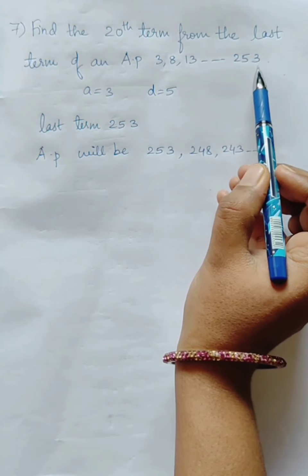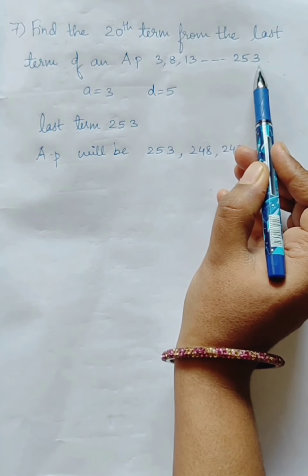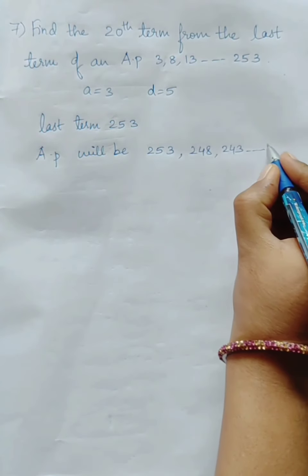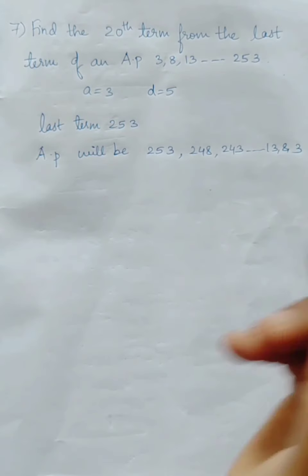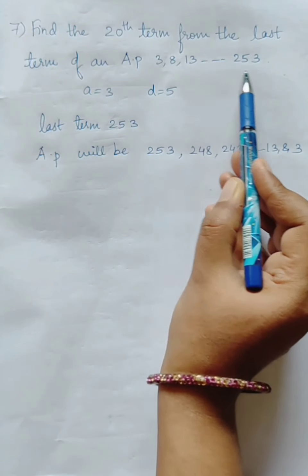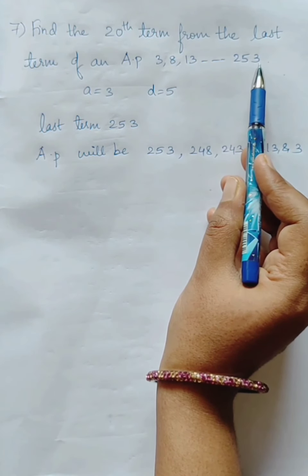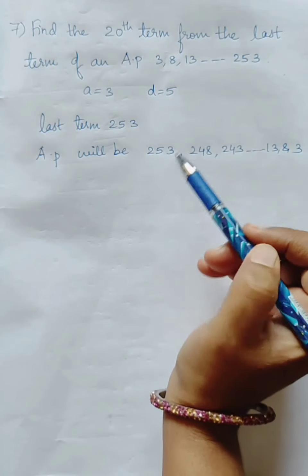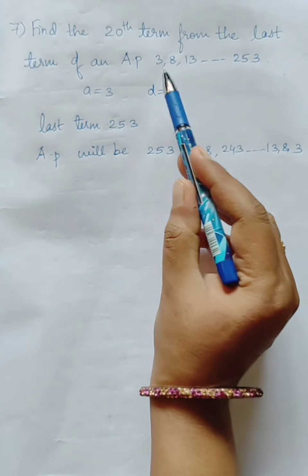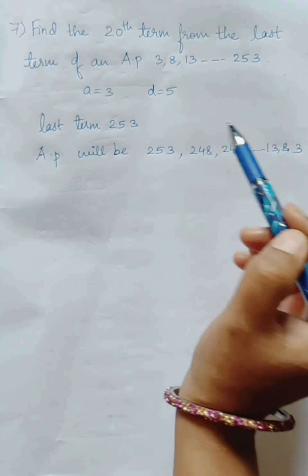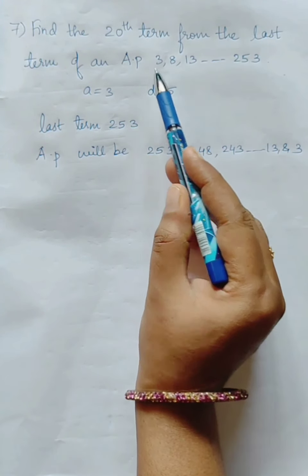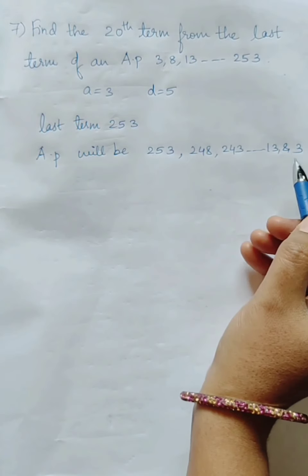I am forming the AP from the last term, so the final terms will be 13, 8, 3, because the original AP starts 3, 8, 13 and so on up to 253. Since I am forming the AP from the last term, it is 253, 248, 243, because every time I am subtracting 5, and these terms get reversed. Instead of 3, 8, 13, it is 13, 8, 3. Okay, this forms an AP.